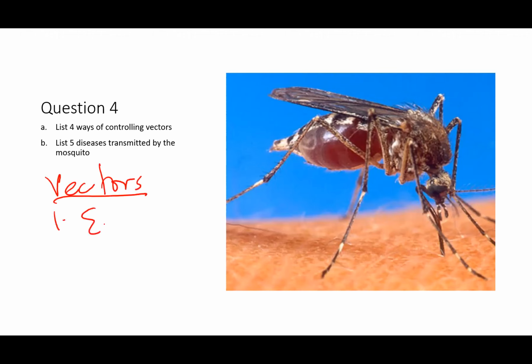you have environmental management or environmental control, because if you have a lot of stagnant water, these vectors can breed. If you have a lot of bushes, they can breed. So you clear stagnant water by encouraging drainage.